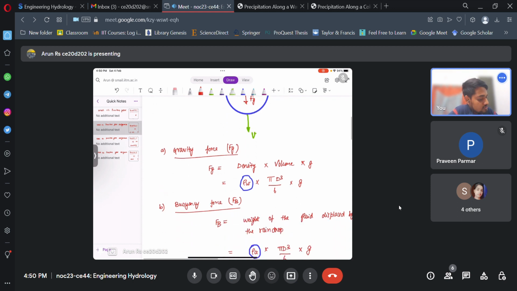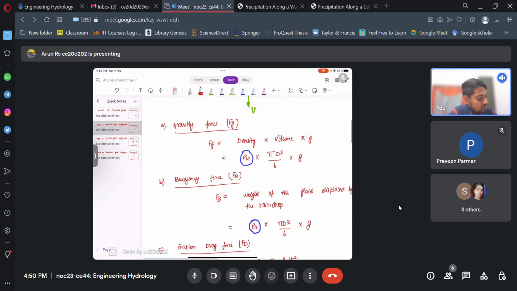So first is the gravity force. Your gravity force is given by basically your weight into acceleration due to gravity. F is equal to mg. So we need to compute the mass. Mass is given by density into volume.